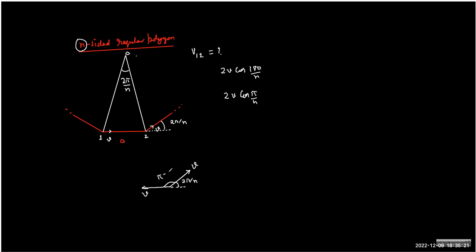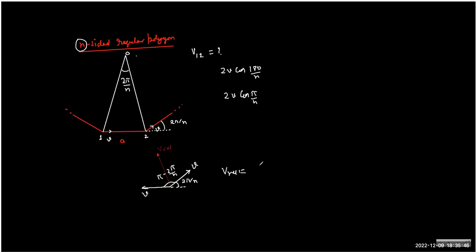Pi minus 2 pi by n. So the relative V will be, it's a bisector because V and V are the same. So the resultant is going to be the bisector of these two, of this angle. So you can do it in one go without using the formula.